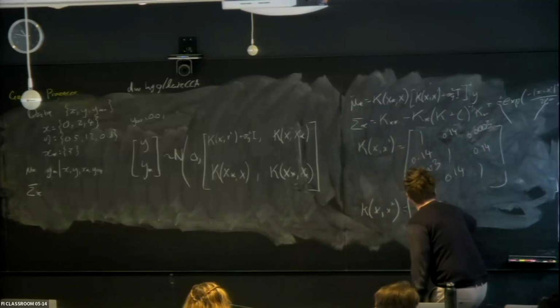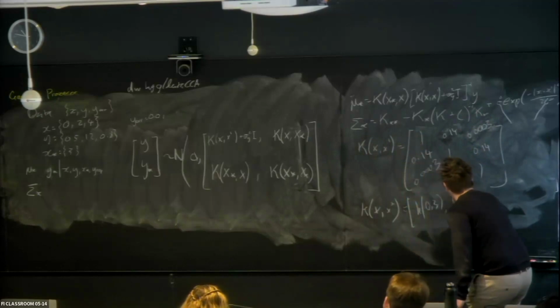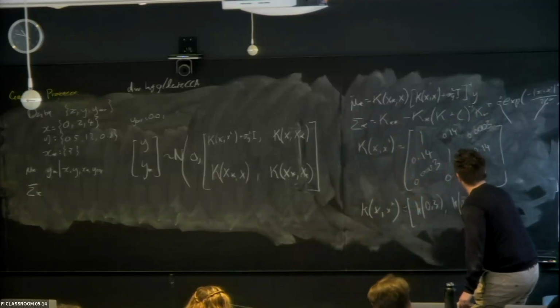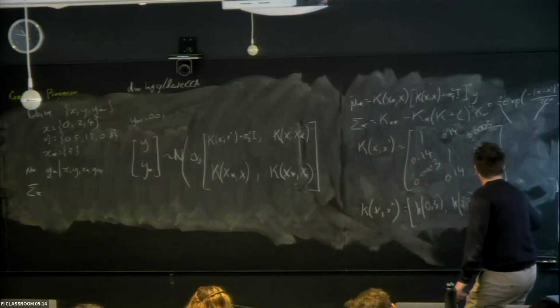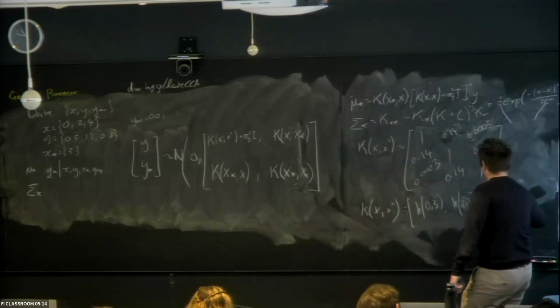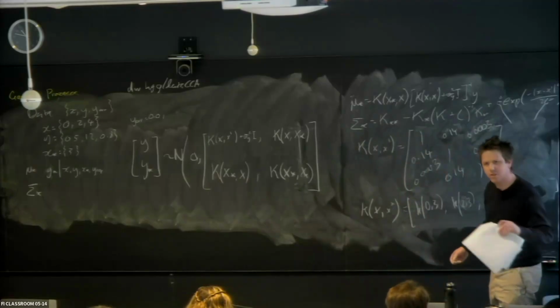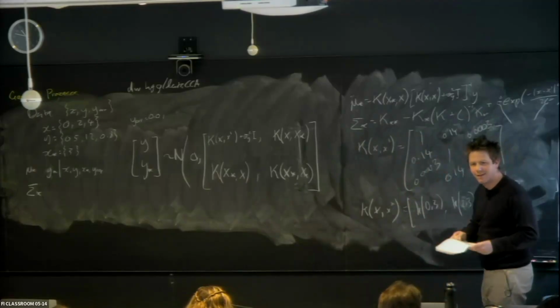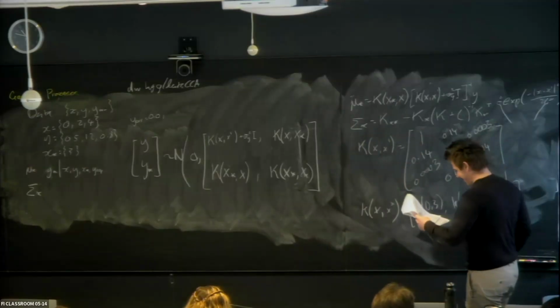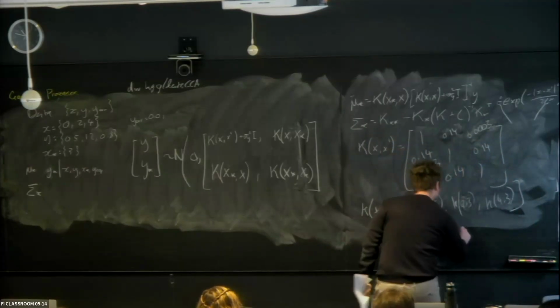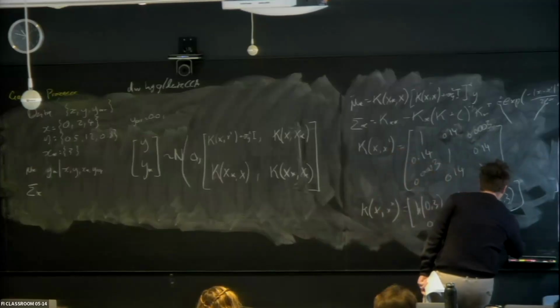So this is K(0,3), K(2,3), and K(4,3), or the other way around. I can't remember. It doesn't matter. These values come out to 0.1, 0.01, 0.61, and 0.61.